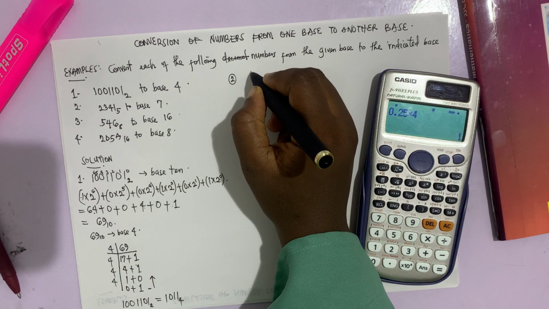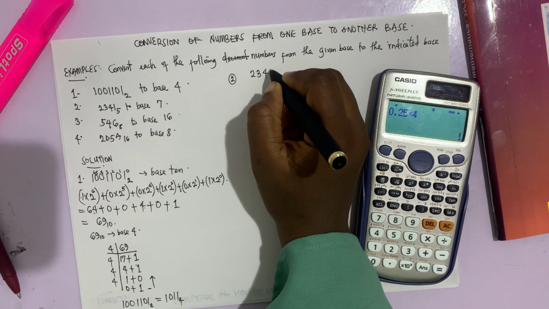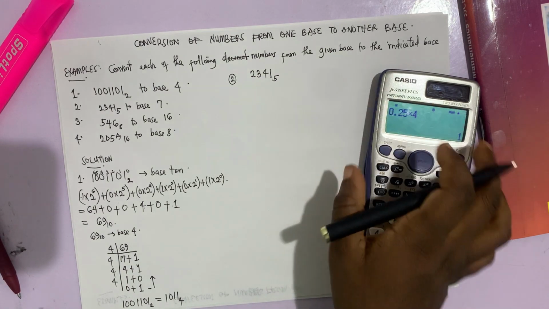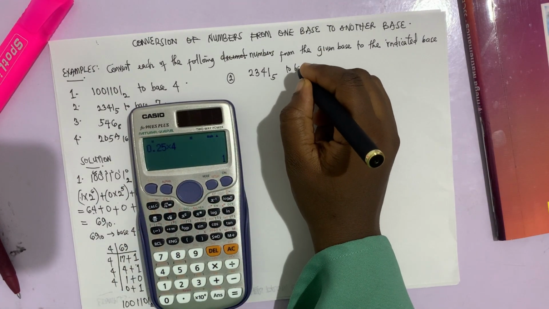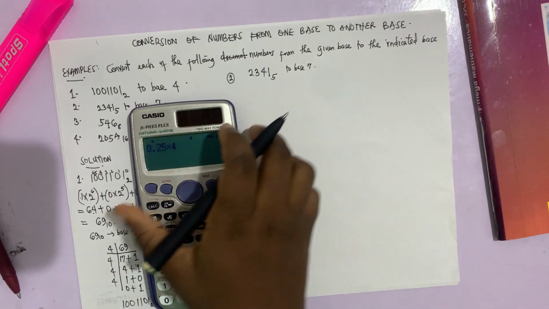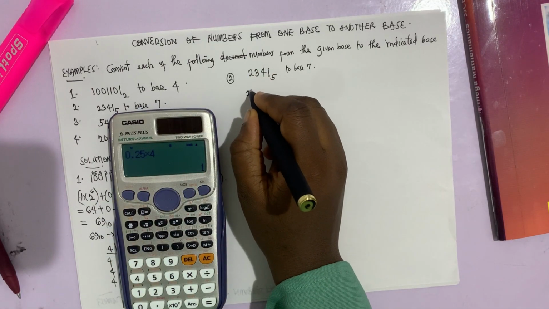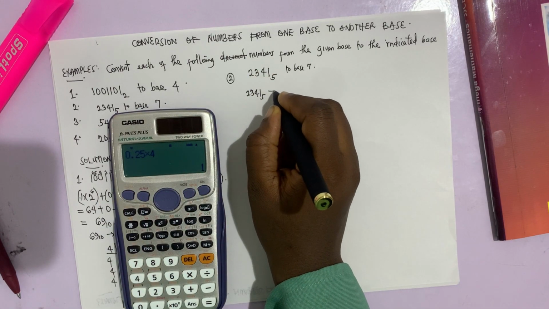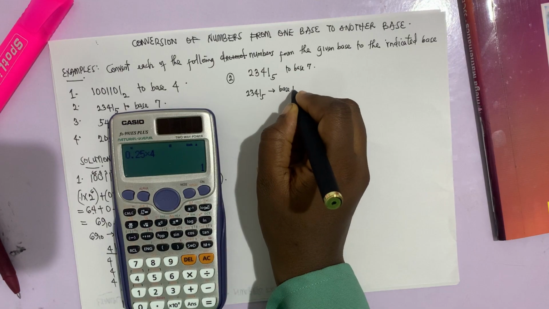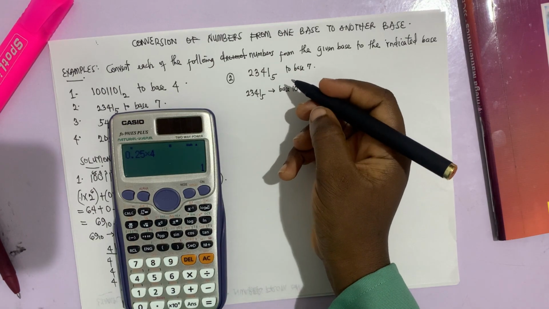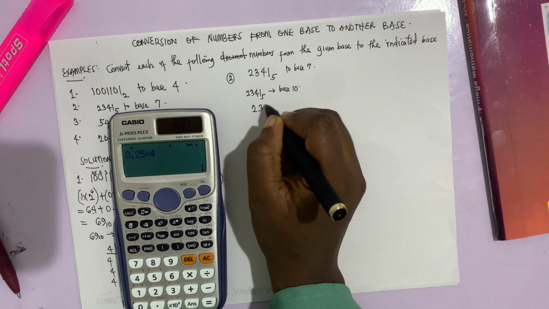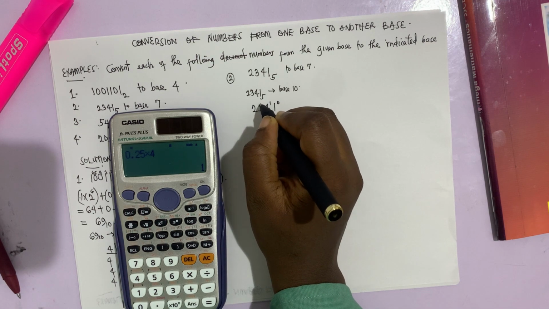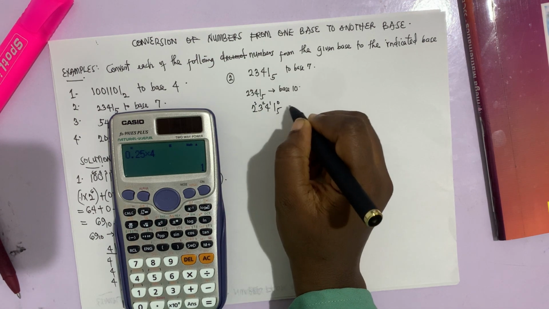We are asked to convert 2 3 4 1 base 5 to a base 7 number. The first thing we do is to convert 2 3 4 1 base 5 to base 10. We give it an index starting from the right 0, 1, 2, 3.